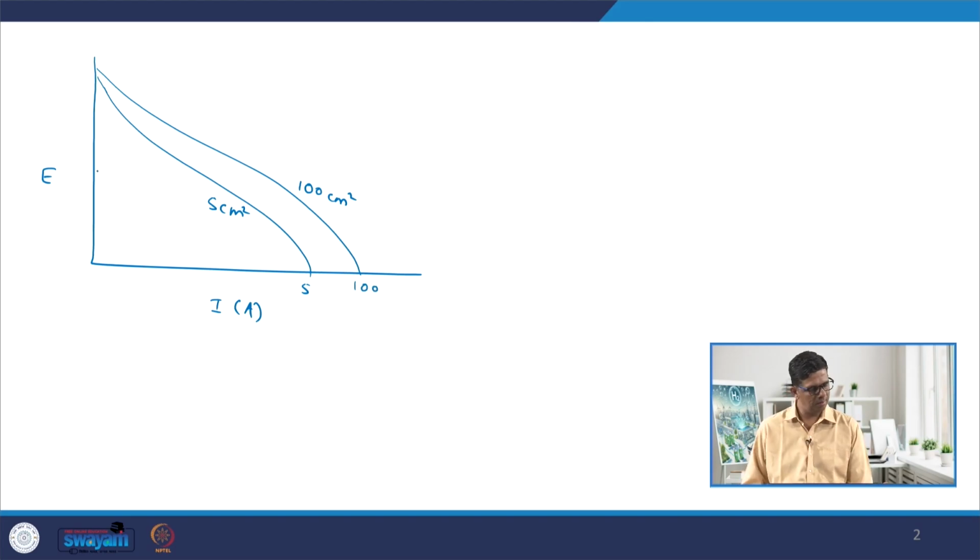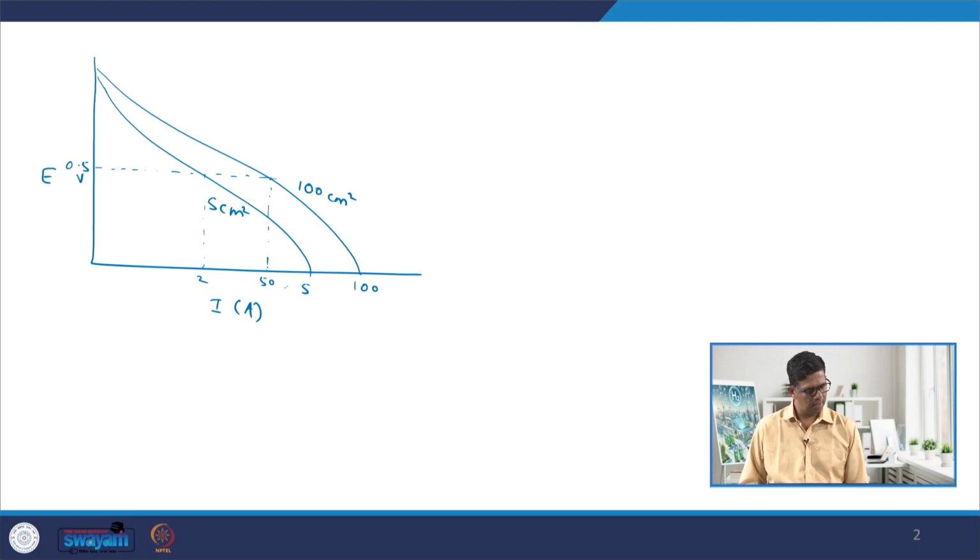So if I try to compare the performance at the same operating potential, let's say this is at 0.5 volt. So this could be giving roughly 2 amperes, and let's say this is going to give us around 50 amperes of current.